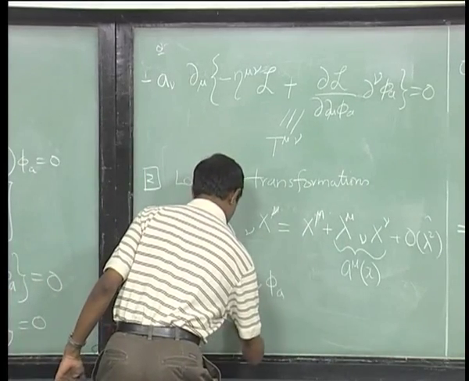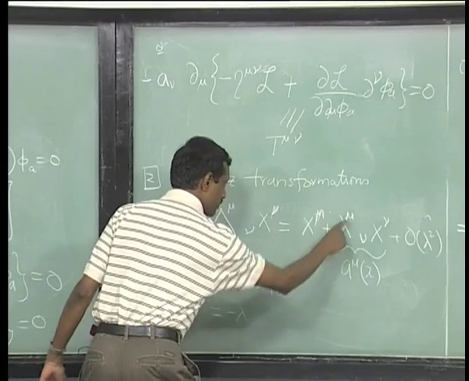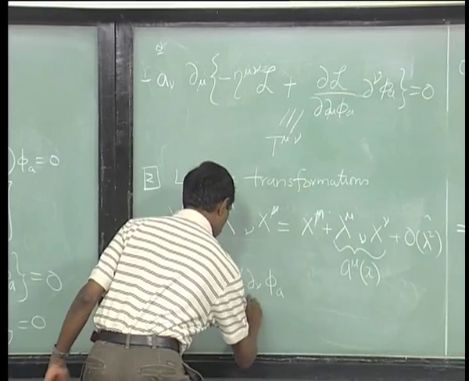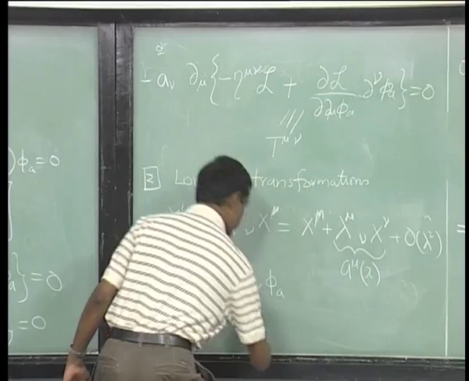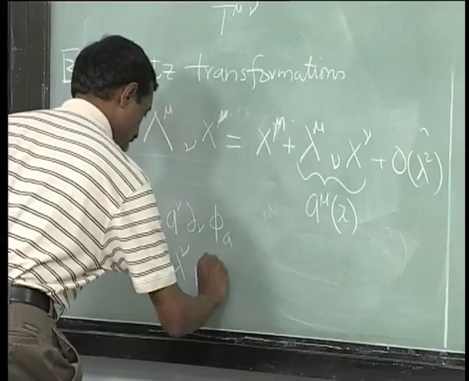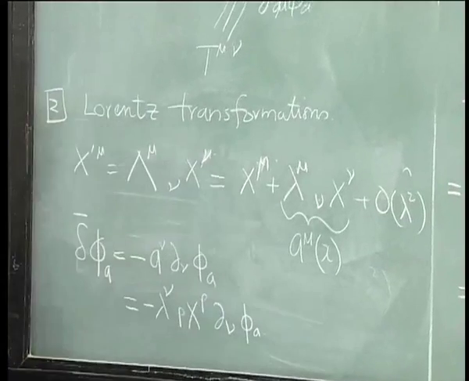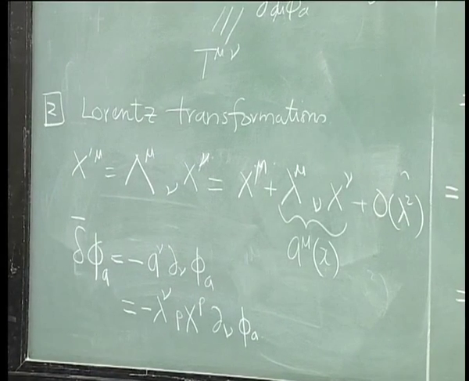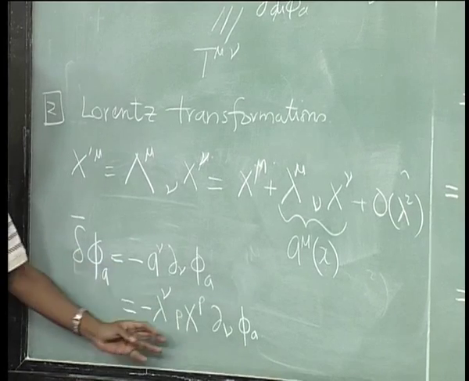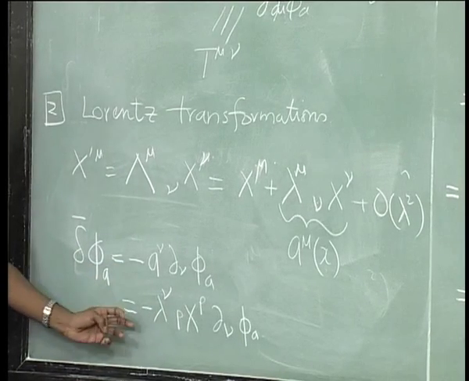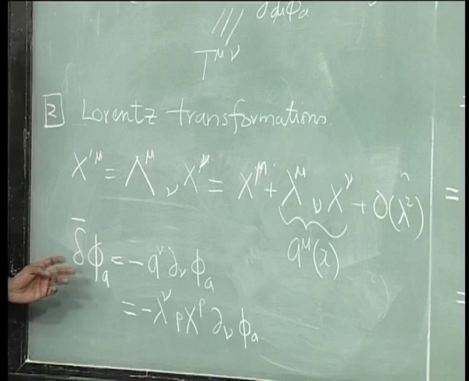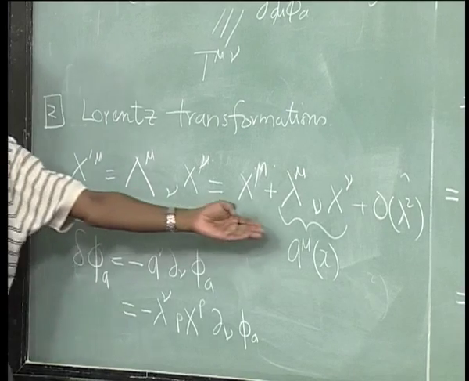So this is minus lambda, I should be a little bit more careful, this mu index becomes nu. So I should call this some other index rho, x rho times something. So we just have to be careful that the dummy indices do not coincide. I have taken care of that, and so I get delta bar of phi a, and I also know what this is.